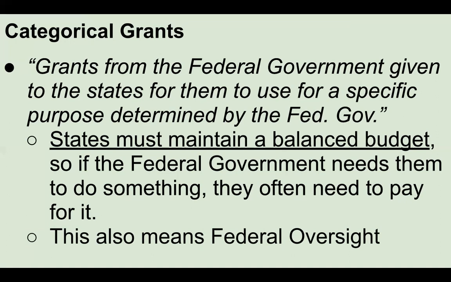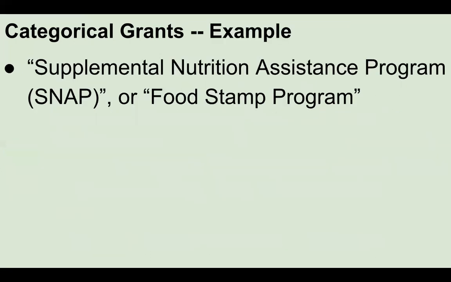And the federal government's going to make sure they do it right, since they're paying for it. So categorical grants are a carrot, but it's like half a carrot, because you have to use it for a specific thing, and you've got all these feds all over the place making sure you don't screw it up. So yeah, not as much of a carrot as a block grant.